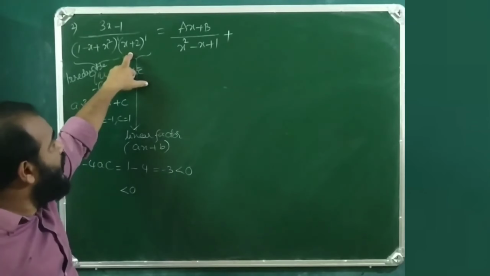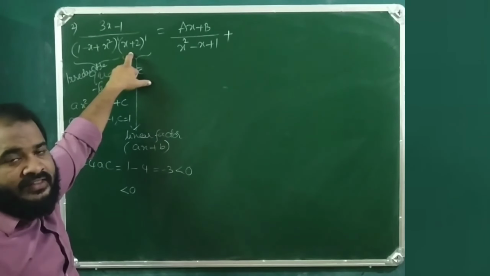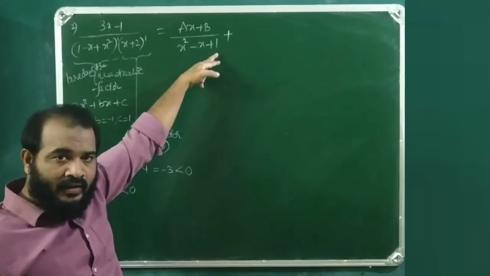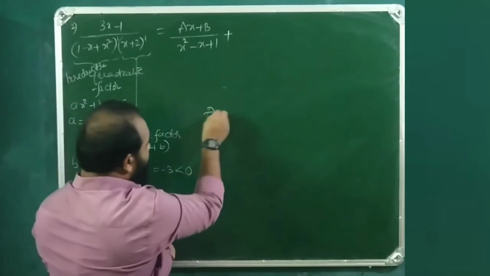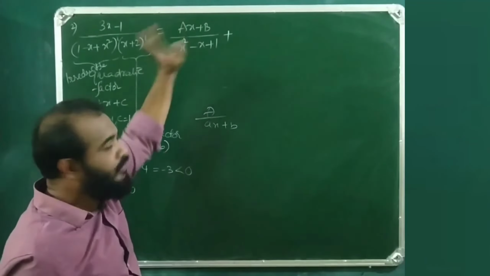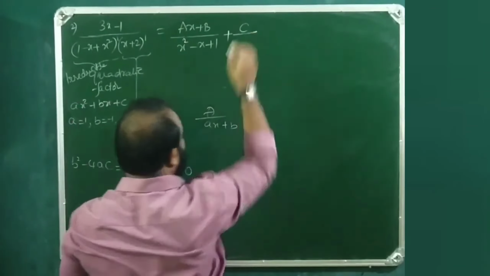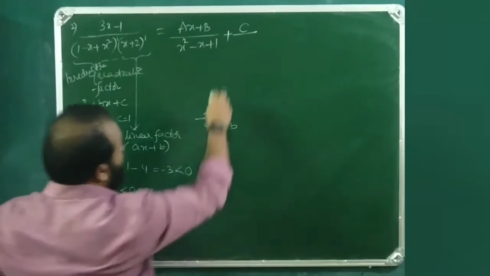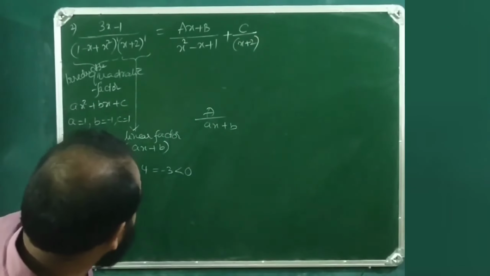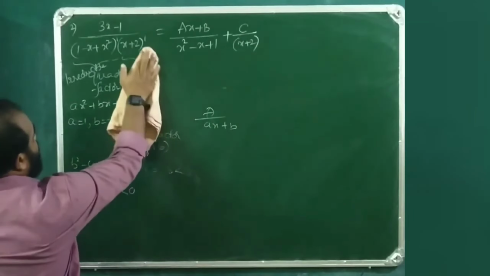So for a non-repeated linear factor, there will be a partial fraction of the form a by ax plus b. Since a is already used, we take c by the linear factor, here x plus 2. So this is how we have to do this problem.